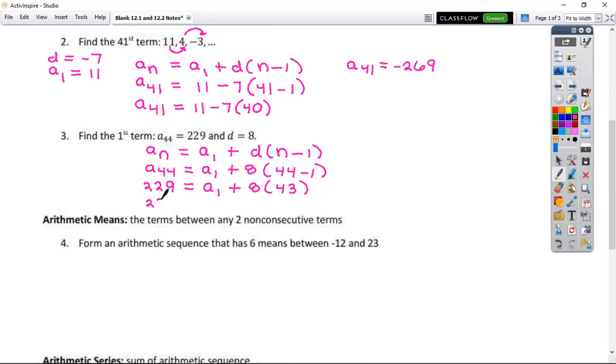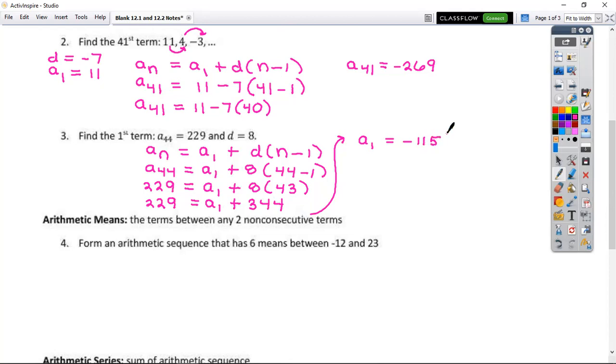So I have 229 equal to a sub 1 plus 344. You are going to subtract that over. So I have a sub 1 equal to something here. All right, so 229 minus 344. I got negative 115.